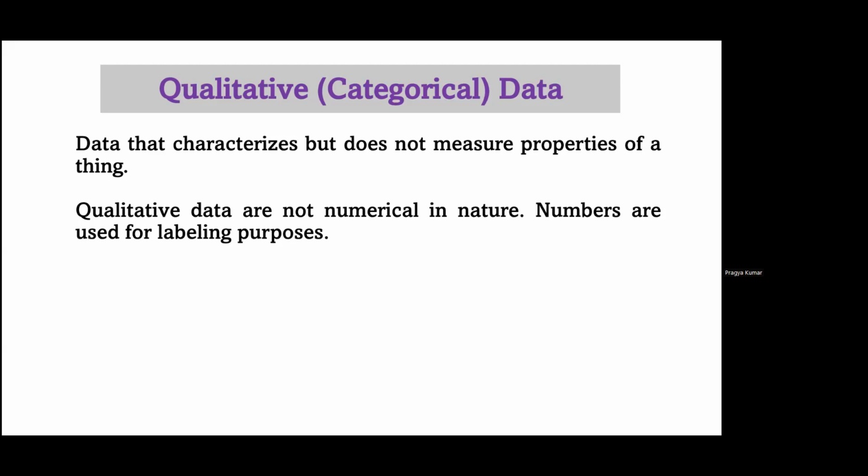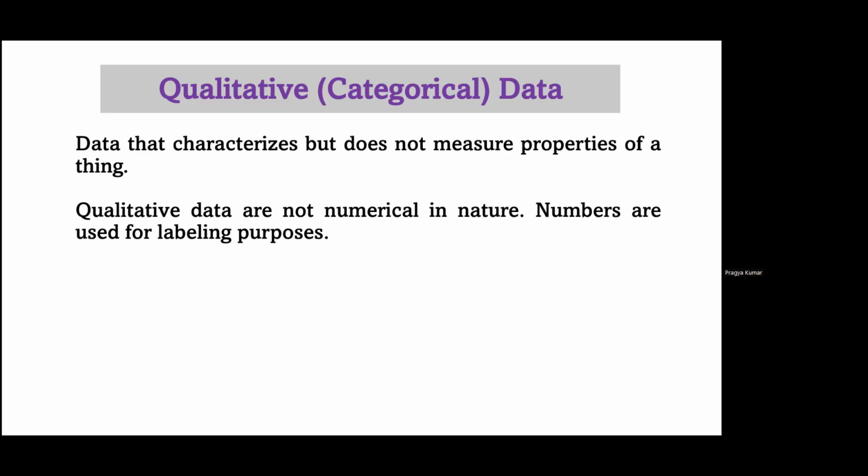Originally, data which is qualitative in nature, if you collect those data, you give a number to it only for labeling purposes. Otherwise, it does not have a meaning. But there are many variables which are originally continuous or numerical, like creatinine level, blood pressure, age.